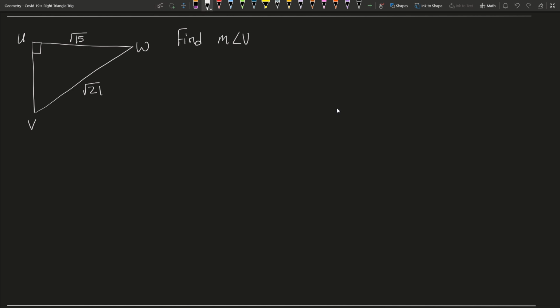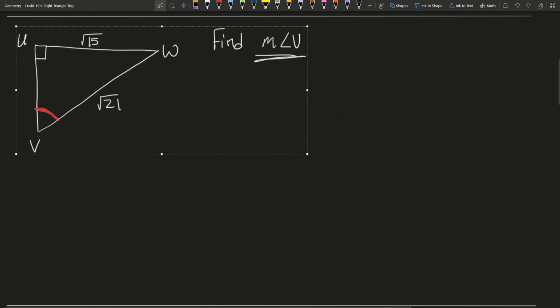Again, the first thing you should probably do, just to be careful, especially when you're new to this, is label what sides you have and label what you need. Obviously we need the measure of angle V. A good thing to do is to mark that. I usually mark that with a little hash mark. Then we need to mark what sides we actually have.